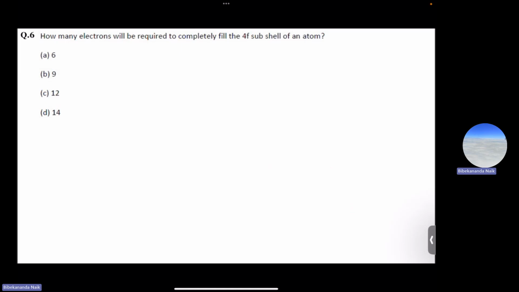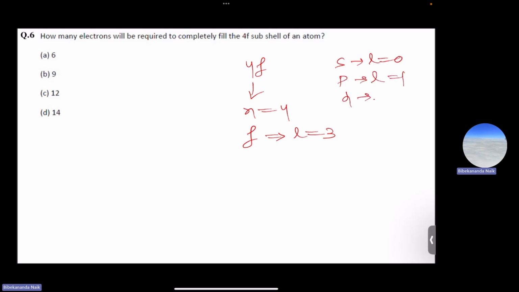Yes, so the question says how many electrons will be required to completely fill the 4f subshell of an atom? So the 4f subshell corresponds to n equals 4 and f means l equals 3. S, P, D, F: s has l as 0, p has l as 1, d has l as 2, and f has l as 3.